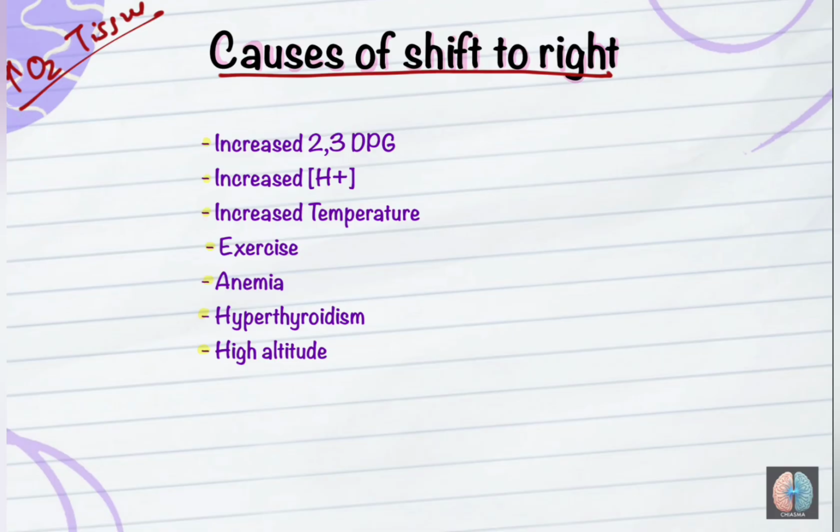So the shift to the right is what happens when we do exercise. When we do exercise, you get warm, right? So the temperature increases, and the acid level in the body also increases. More lactic acid is produced, so H plus increases.